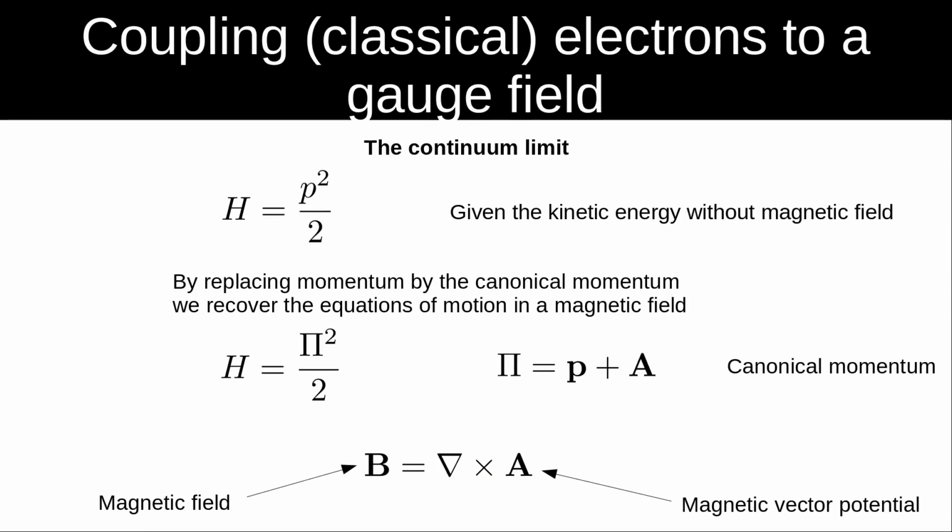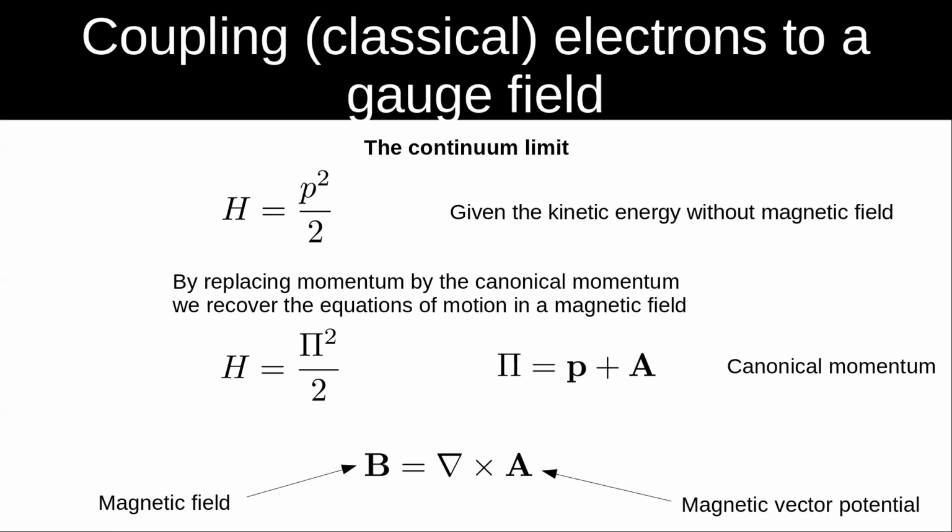If you try to write down a Hamiltonian for an electron coupled to a magnetic field, you need to define something called a vector potential, a potential whose curl is the actual magnetic field, because once you put this into your Hamiltonian, by finding the equations of motion, you essentially recover the equations of electromagnetism.